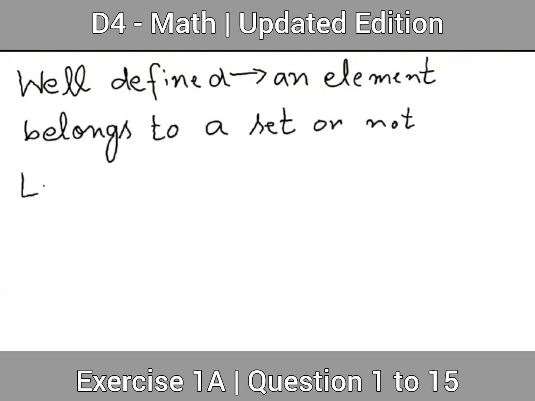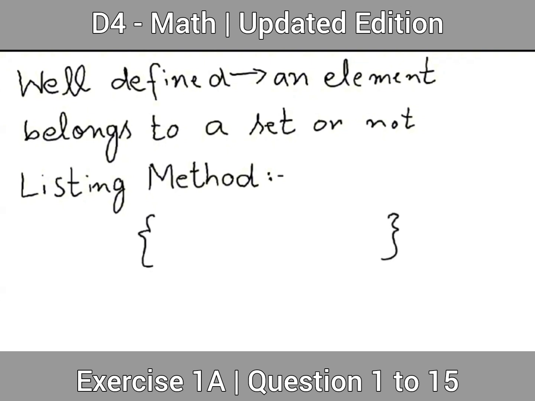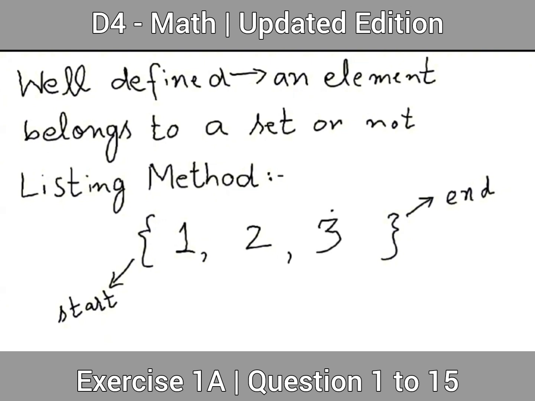Now we are going to discuss the listing method. We will start with the first three natural numbers. So here we write down the curly brackets. These curly brackets are used to mark the start and end of the set. And the natural numbers 1, 2, and 3 are the elements inside the curly brackets.